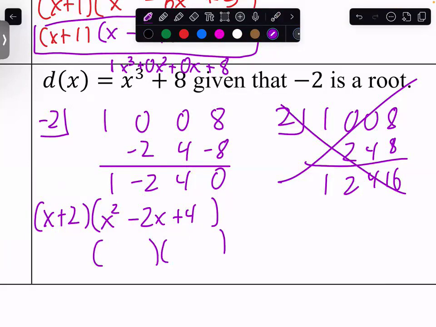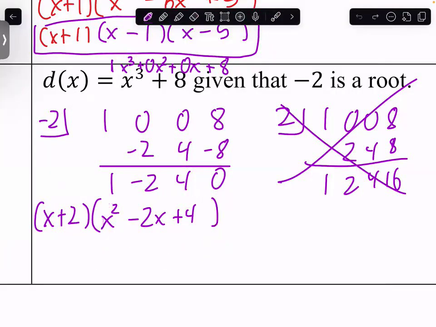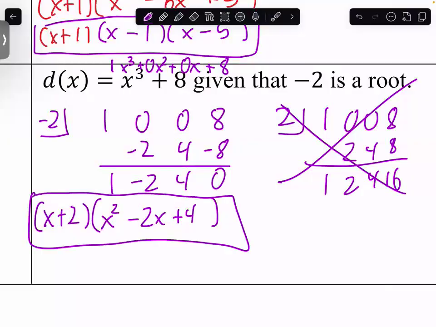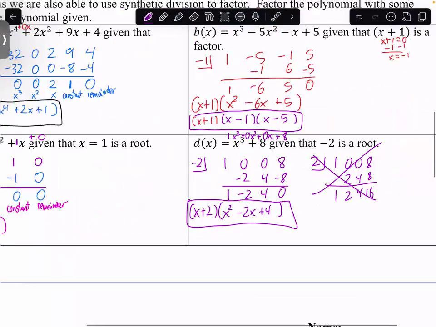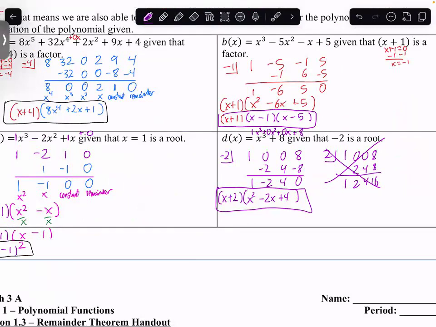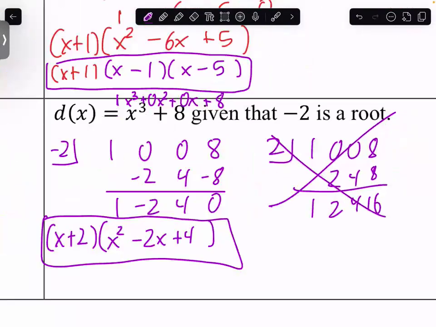Is it plus 2 plus 2? No, those would combine to 4x in the middle. Is it minus 2 minus 2? No, those would combine to negative 4x. Is it minus 1 minus 4? No, those would combine to negative 5x. So you can't further split this one up. There is a formula for this special situation of a sum of cubes, but you could always do it this way if you forget.